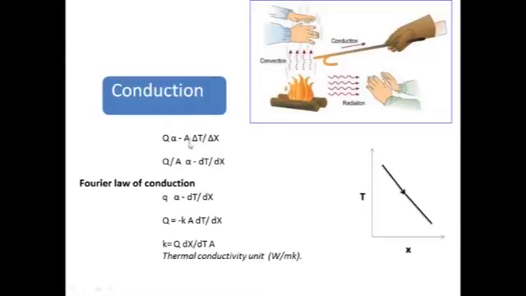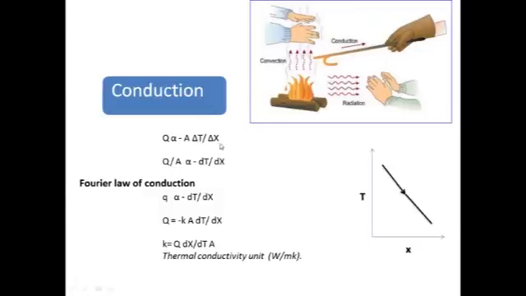If the area of the wall is large, more amount of heat leaks into the room from outside. So the rate of heat transfer is directly proportional to the area of the wall. If the temperature difference outside and inside the room is more, more amount of heat will enter into the room. So Q is also directly proportional to delta T, temperature difference.